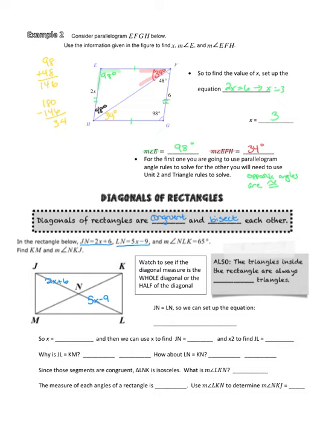And we know that JN is congruent to LN because diagonals of rectangles are congruent and bisect each other. So we set up the equation this way. 2x plus 6 equals 5x minus 9. See, I'm just replacing.